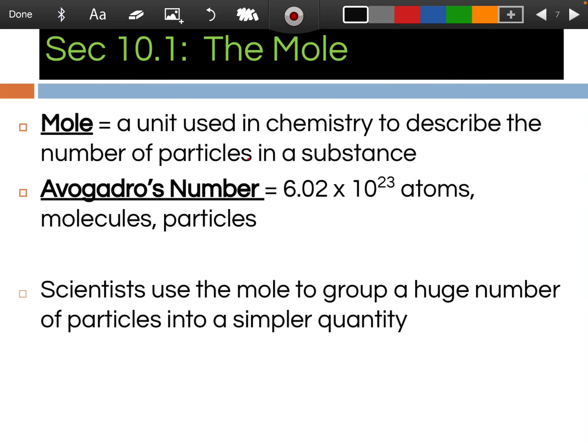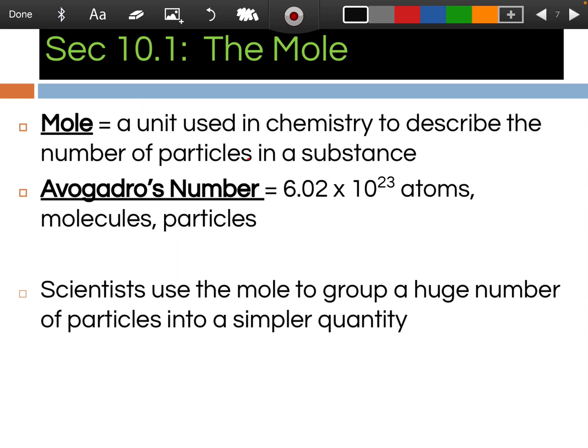So here we go with notes. The mole is a unit used in chemistry to describe the number of particles in a substance. We use the mole kind of like we would use the term dozen.